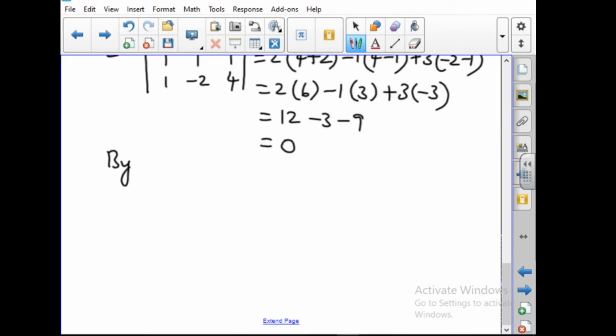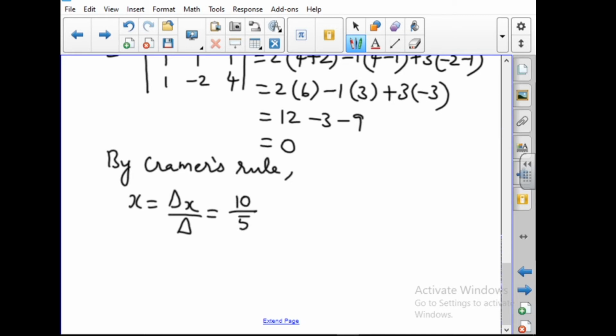So by Cramer's rule, x is equal to delta x by delta. What is the value of delta x? Delta x is 10 and delta is 5. So your answer is 2. Next, y is equal to delta y by delta. What is the delta y value? Minus 5.